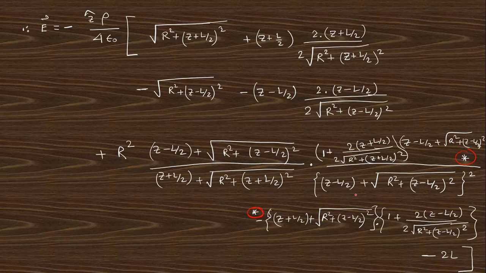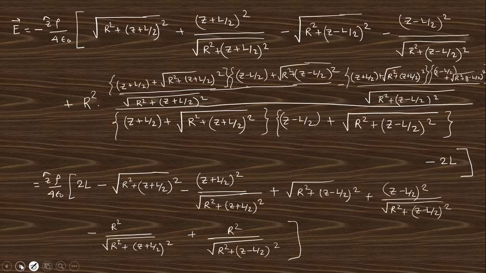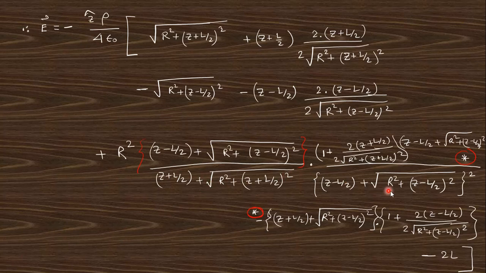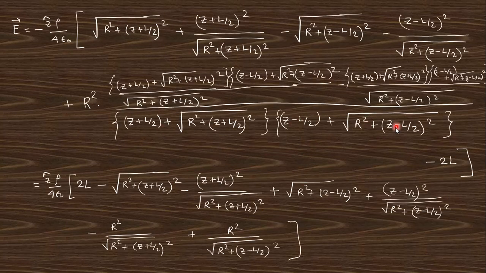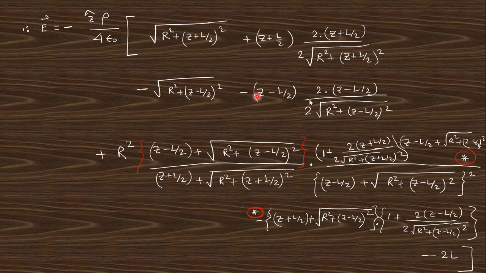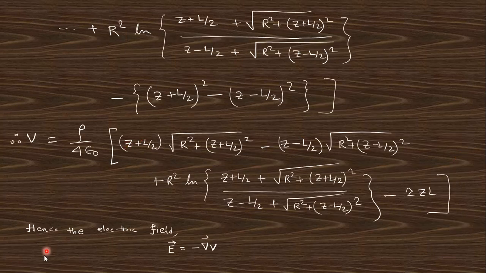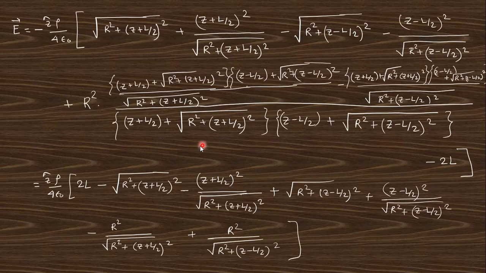Okay, and here you can see after calculating this, the square and this portion will cancel out, only these two terms are present. Since the square cancels out, this one and that one will be like that, and these two remain the same, and the next term will be like that.